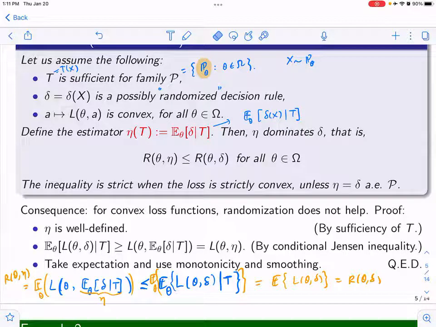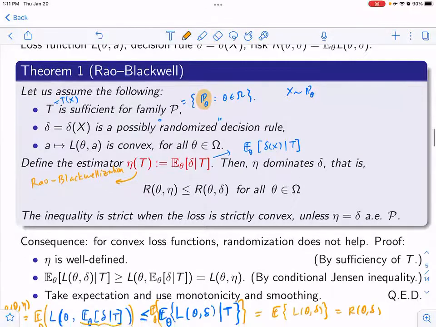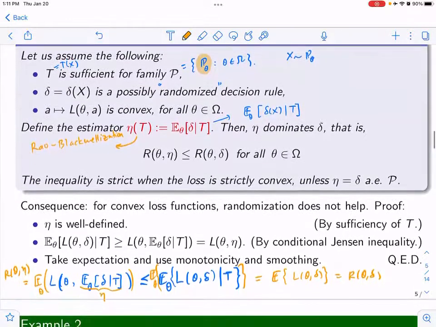So this procedure of conditioning on a sufficient statistic is sometimes called Rao-Blackwellization, for obvious reasons. It's a fancy way of saying I will condition on the sufficient statistic to produce a better estimate.